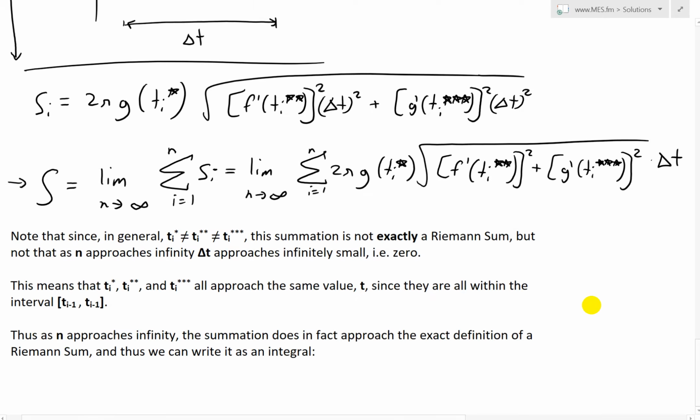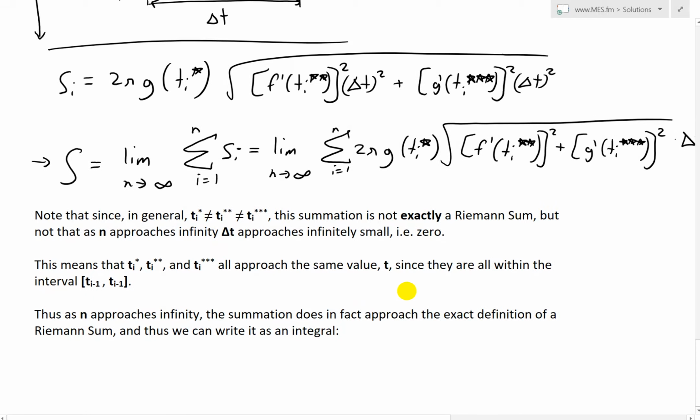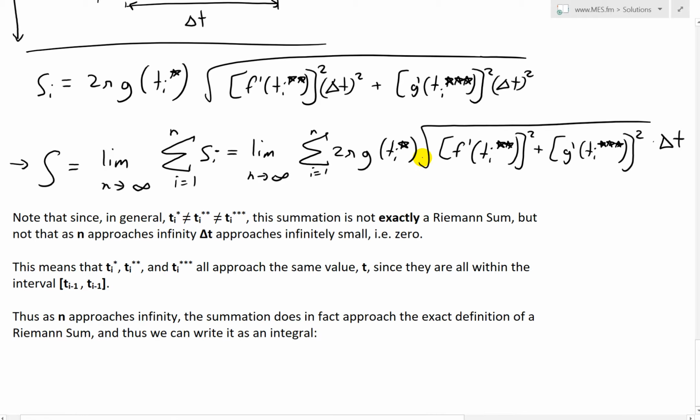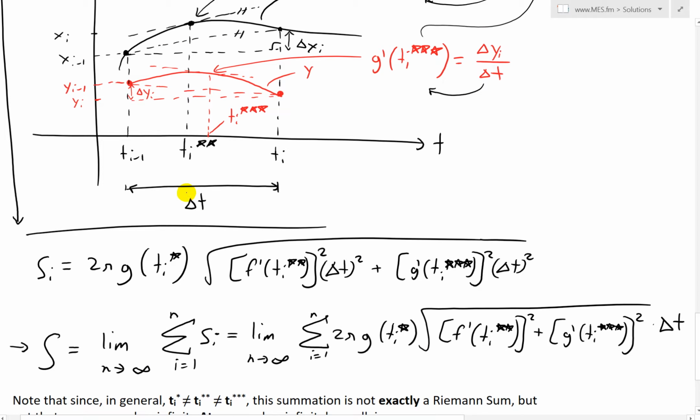So yeah, like before, when I did the part 3 video on arc length for parametric curves, I also pointed out that in general ti star does not necessarily equal ti double star or ti triple star, so none of these have to equal each other, but they're all between this delta t.